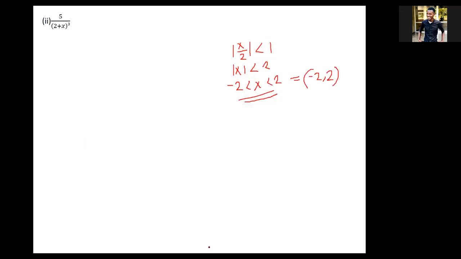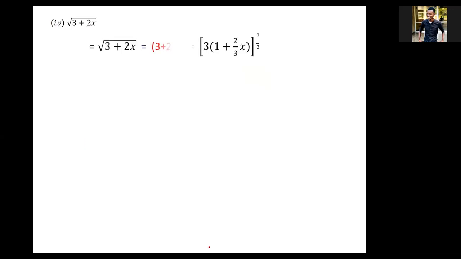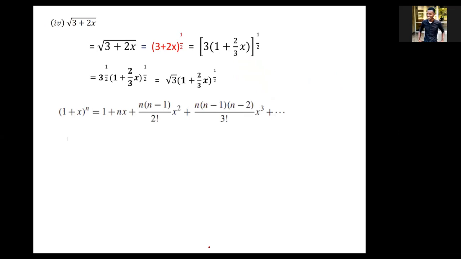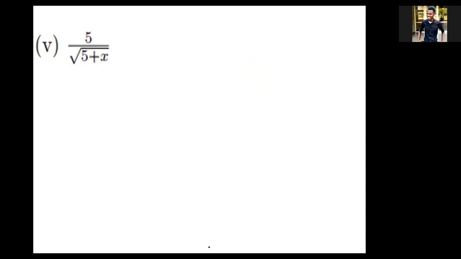Yeah, they are not very much different with this. The only difference is that this is a root here.